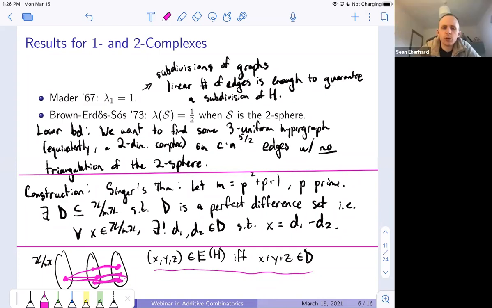Yeah, Sean. Do you absolutely need a perfect difference set, or would any sufficiently large set work? Yeah, I'm not sure about that. I haven't thought about whether you can relax this condition, but that would be interesting to think about.